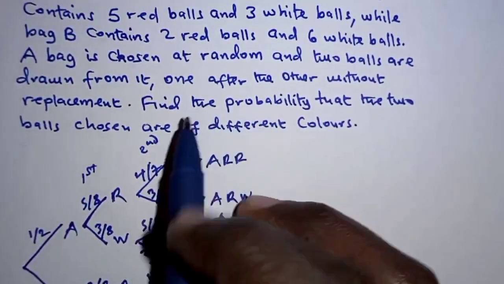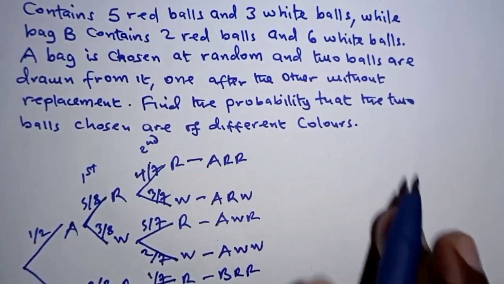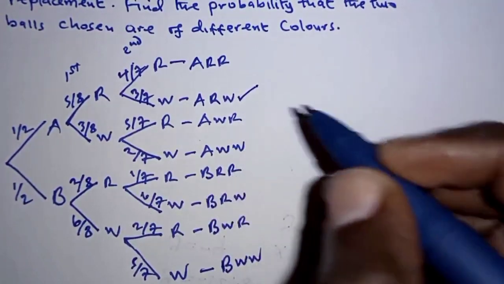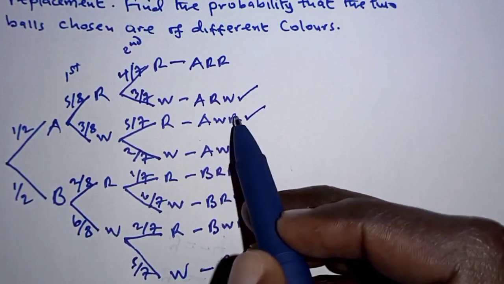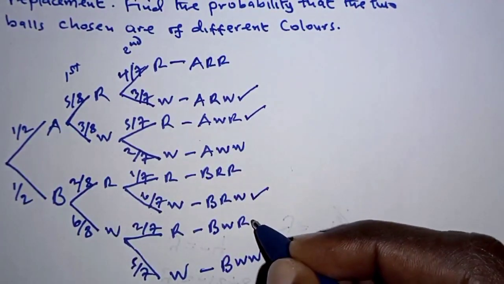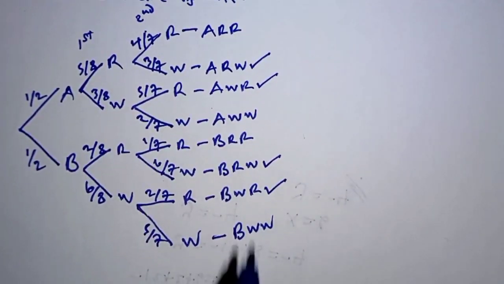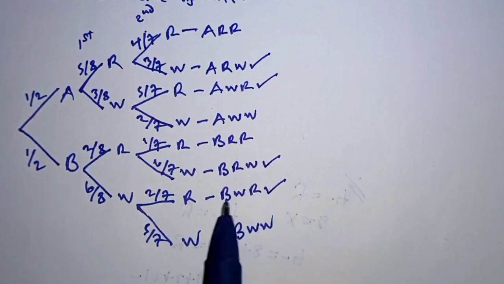So the question required us to find the probability that the two balls chosen are of different colors. So where we have different colors are here, here, because you have red and white, white and red, red and white, white and red. So those four areas. Now we are going to get the probability for this added to this, this and that.